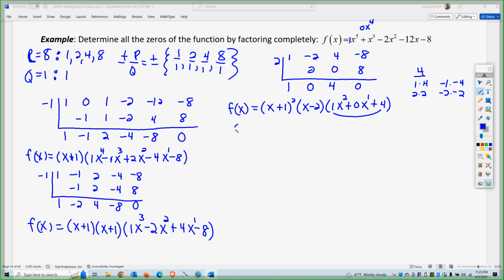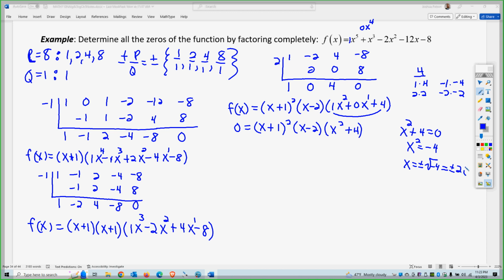So if I set this equal to 0 and solve this term individually, I'm going to get x squared equals negative 4, or if I square root, x equals plus or minus root negative 4, which is plus or minus 2i, isn't it?